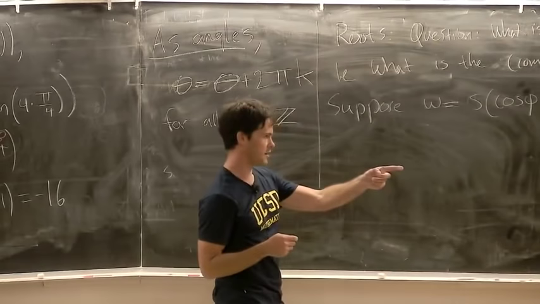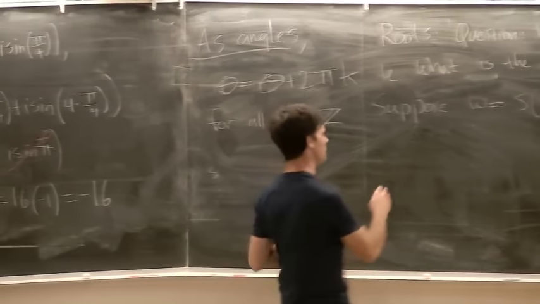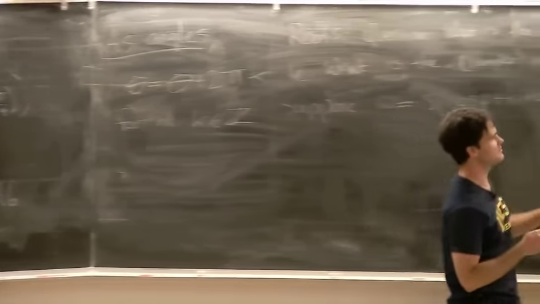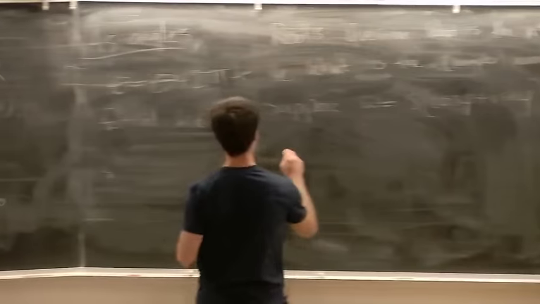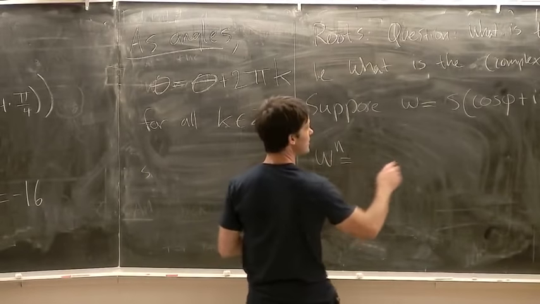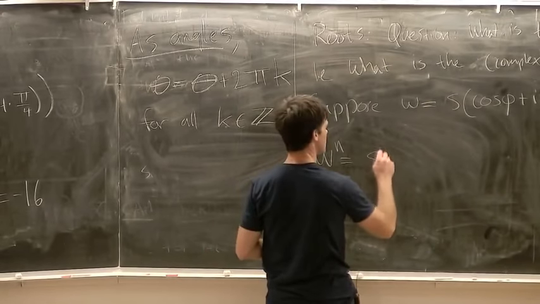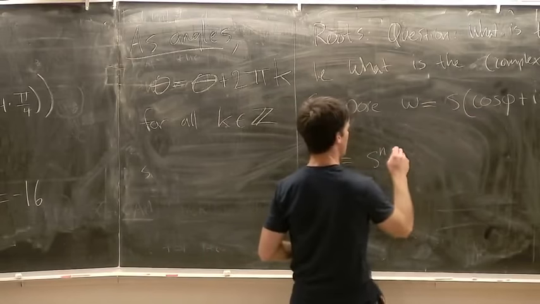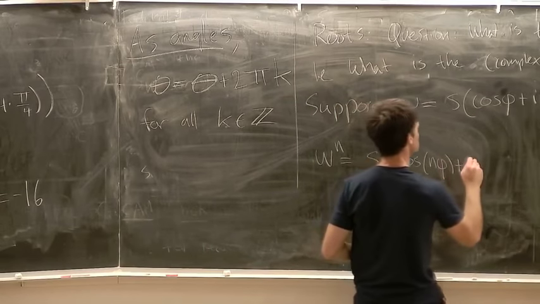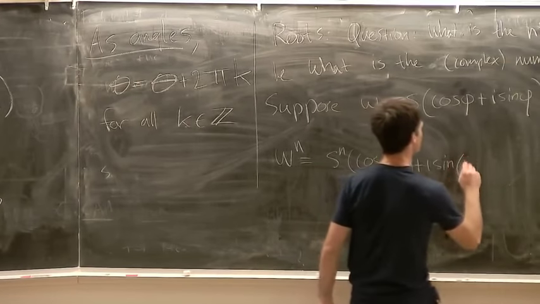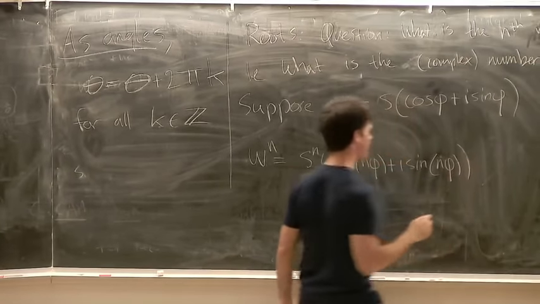Using the power formula, w to the n will be s to the n, cosine of n times phi plus i sine of n times phi.